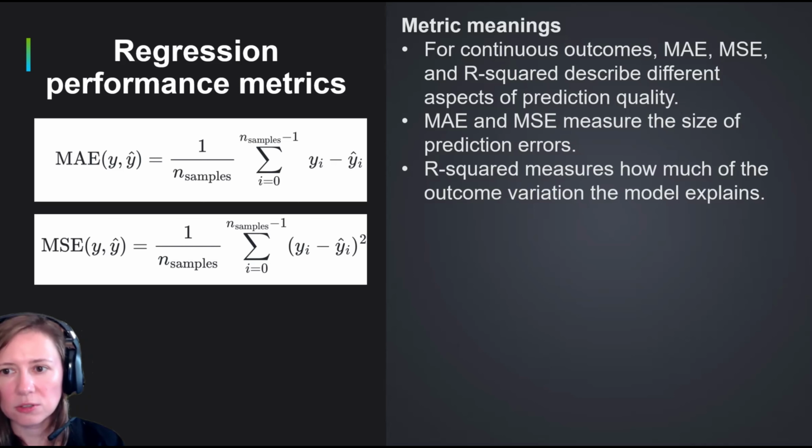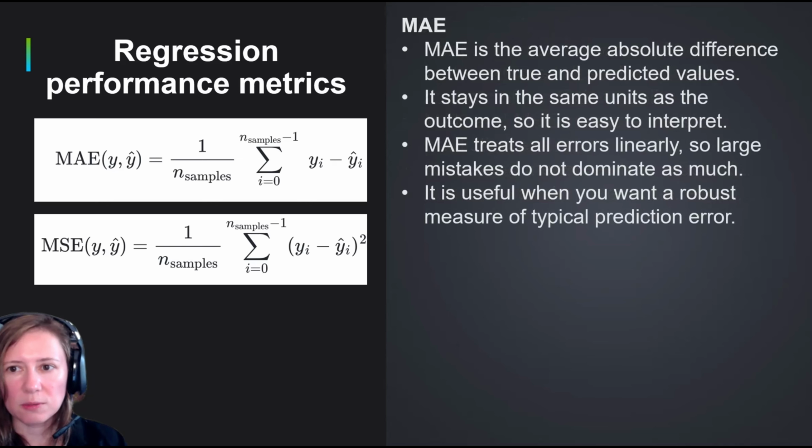The mean absolute error and the mean squared error measure the size of the prediction error, and the R-squared measures how much of the outcome variation the model can explain, so the interdependency between the predicted and the true values. So the mean absolute error is very similar to the mean squared error that I mentioned before.